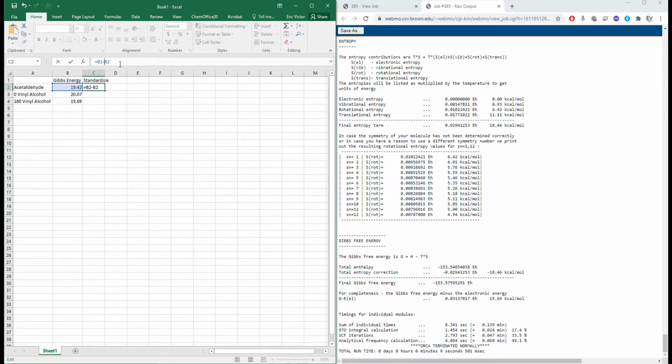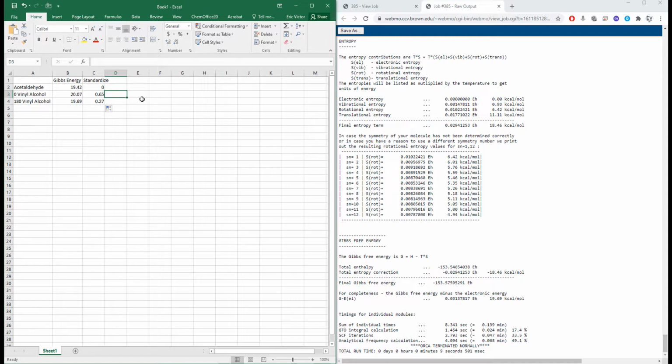To make our lives easier, we put the dollar signs before the B2 so it all stays the same and you can just pull it down. Now we can see the relative stabilities in kilocalories per mole. Acetaldehyde is about 0.27 kilocalories per mole more stable than the 180 degree vinyl alcohol, and about 0.65 kilocalories per mole more stable than the 0 degree vinyl alcohol, so that's the difference between the cis and the trans species.